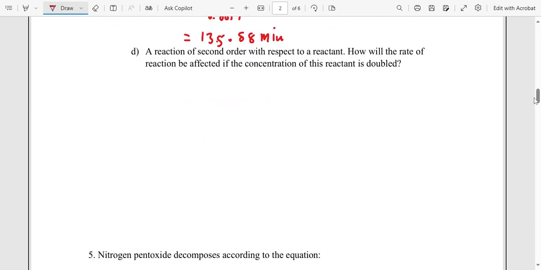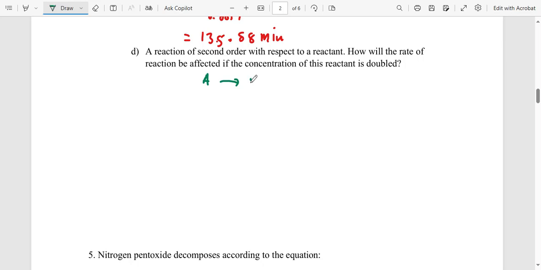And then this is saying a reaction of second order with respect to a reactant. How will the rate of the reaction be affected if the concentration of this reactant is doubled? Let's say you have A going into B, and you've been told that this reaction is second order with respect to the reactant.